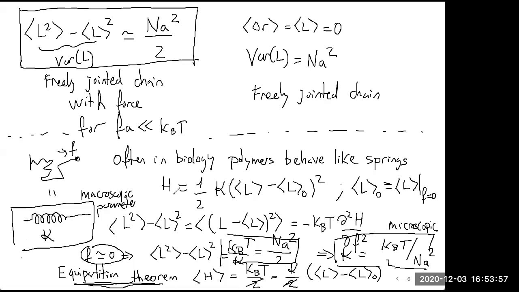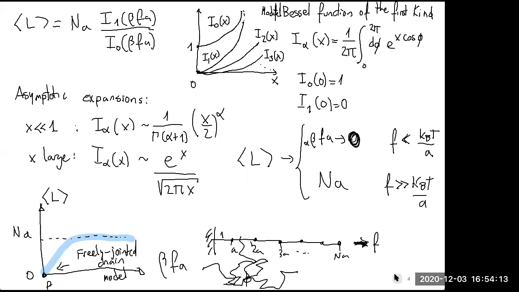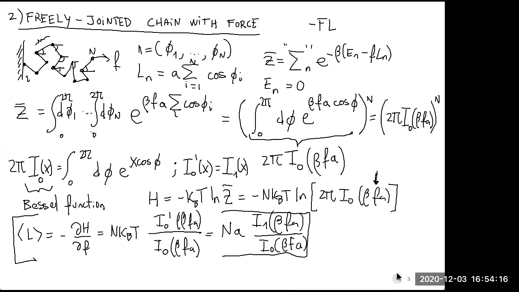You can say, okay, my energy is parabolic, so I have a spring. Then this spring constant, you can relate it to the parameters of the system when you are able to do this calculation. So here it has been very important that we have been able to calculate things. This is the power of using models in biophysics that you can solve.